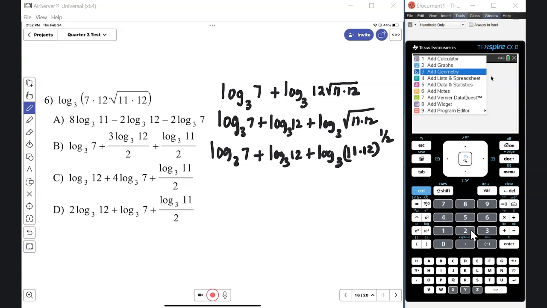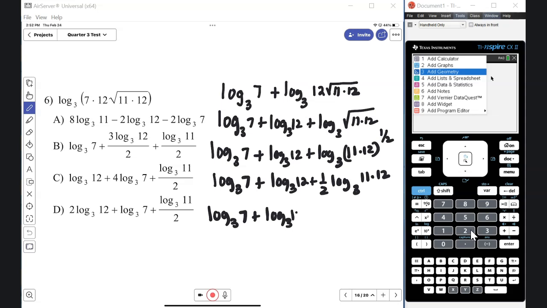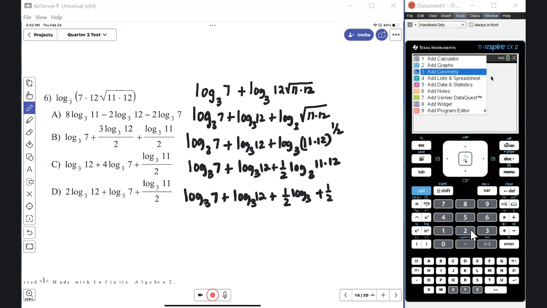So the 1/2 you want to bring to the side, so you have log base 3 of 7 plus log base 3 of 12, and you have a 1/2 log base 3 of 11 times 12. So you have log base 3 of 7 plus log base 3 of 12 plus 1/2 log base 3 of 11 plus 1/2 log base 3 of 12.